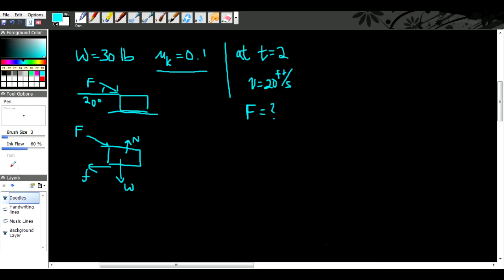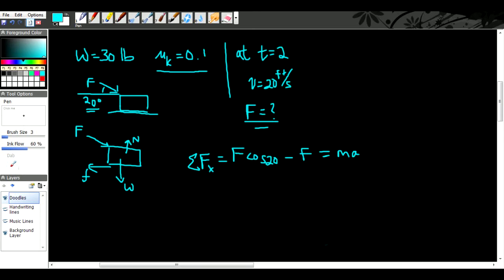I've already drawn the free body diagram, and now I'm going to solve this problem for the force, which is what we need to find. So the sum of the forces in the x direction is equal to the force times cosine of 20, the angle of 20 degrees, minus the friction force, which is equal to mass times acceleration.